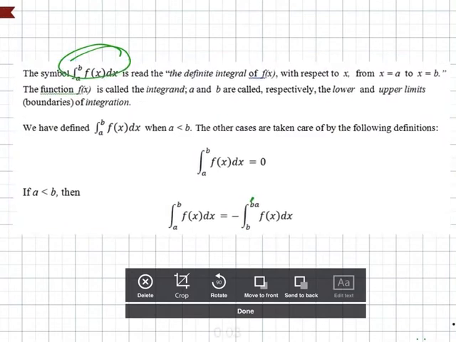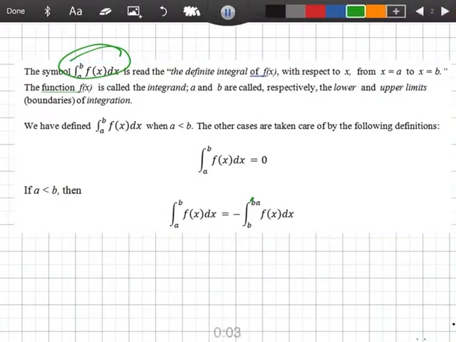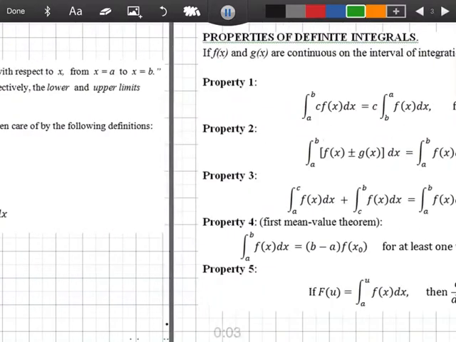It should just be the negative. So if the lower limit is a and the upper limit is b, we equate it so that the upper limit becomes a and the lower limit becomes b, but we introduce the negative sign.